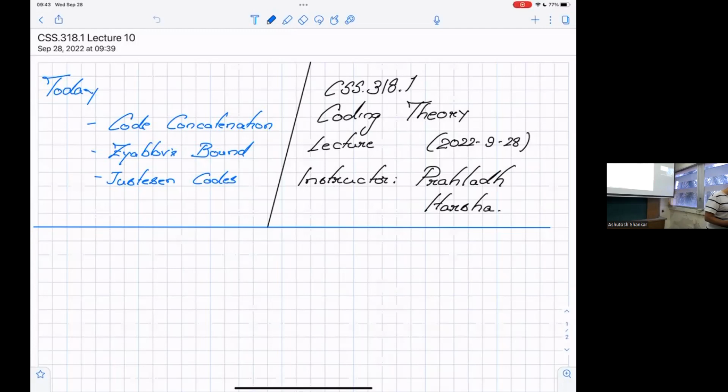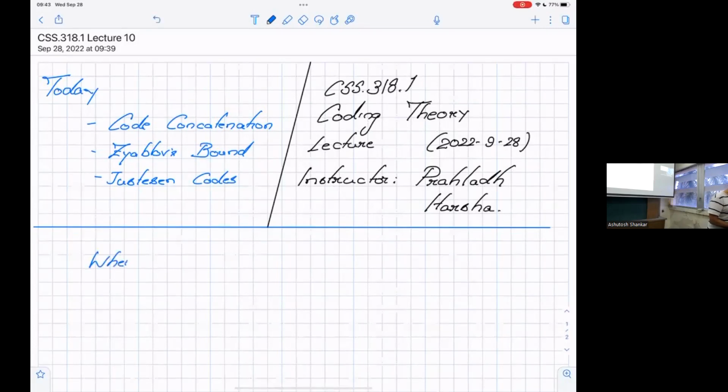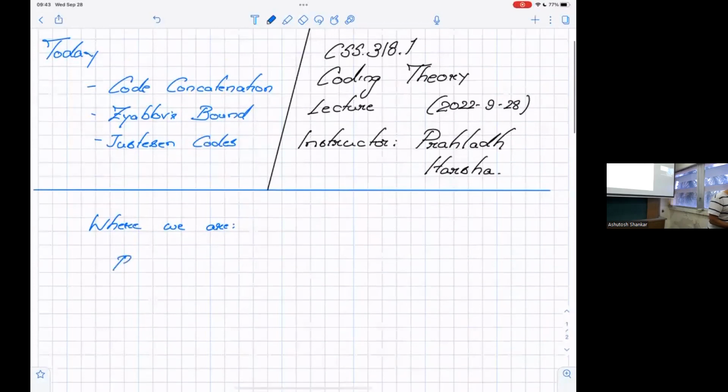So let's see where we are right now. Let's recall. We constructed these amazing codes called Reed-Solomon codes, which are [n, k, n minus k plus 1]. They meet the Singleton bound.